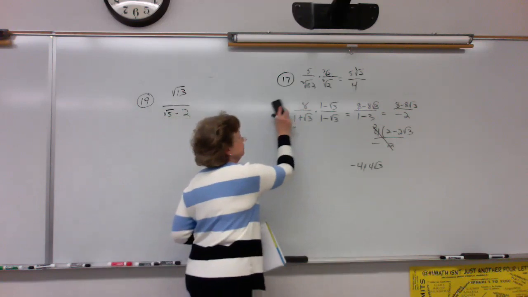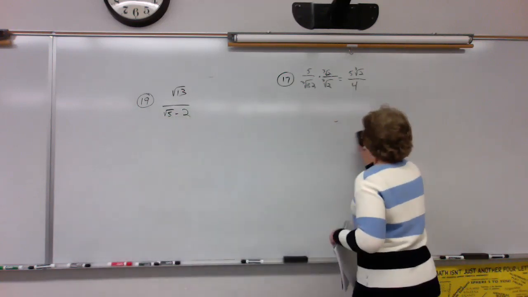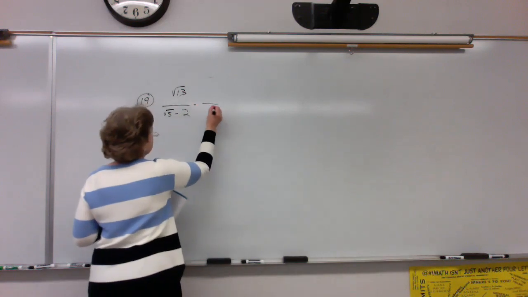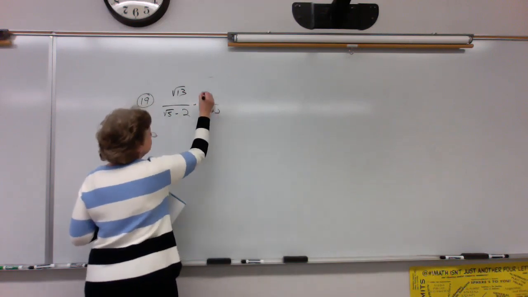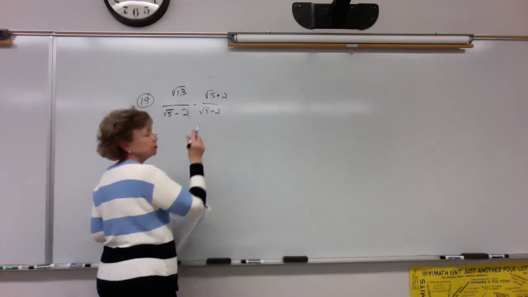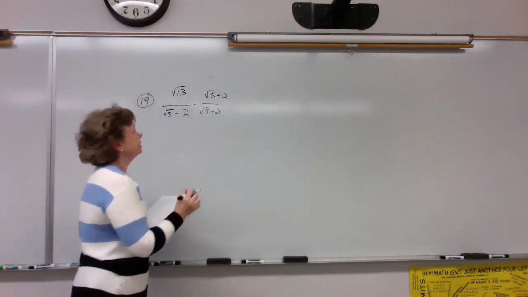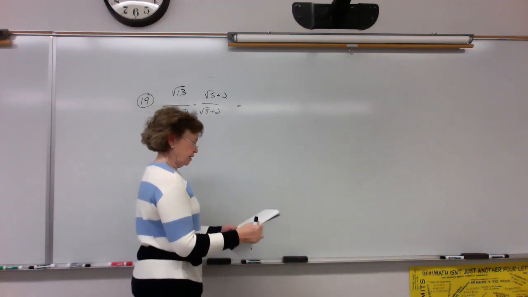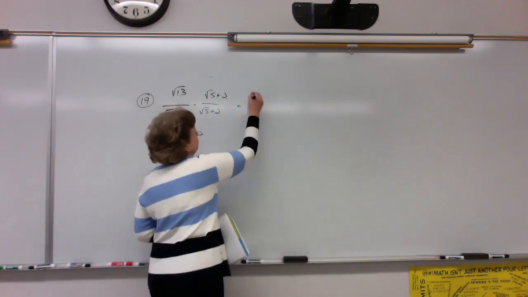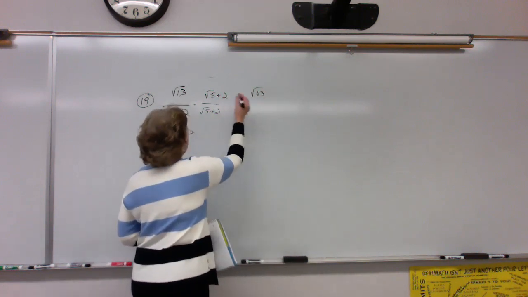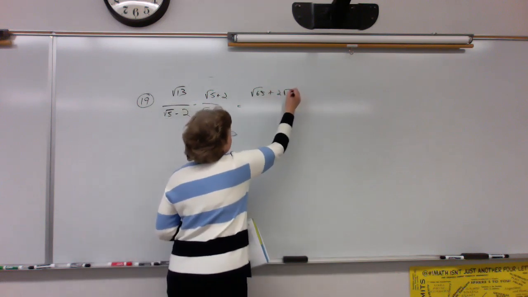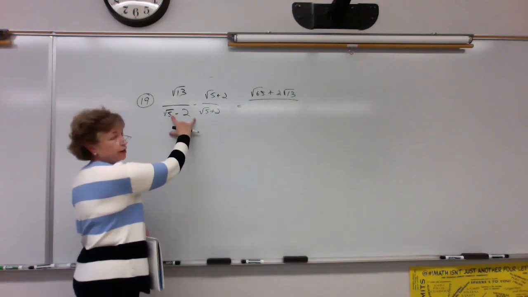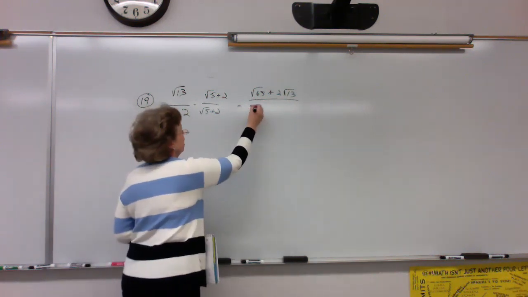The conjugate for that is going to be the square root of 5 plus 2, square root of 5 plus 2, and we're going to multiply. So in that numerator, I have the square root of 5 times 13, which is 65, and 2 times the square root of 13 was my numerator. In the denominator, we're squaring that first term, so that's going to be 5.